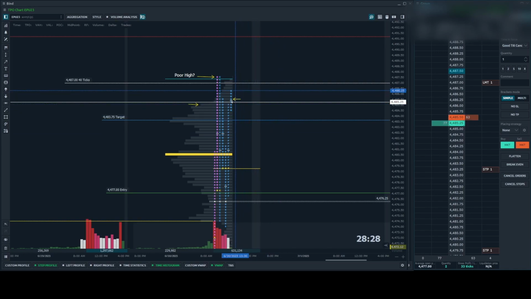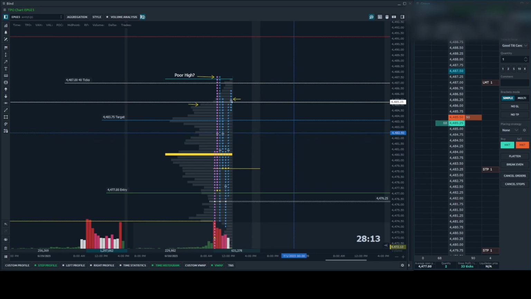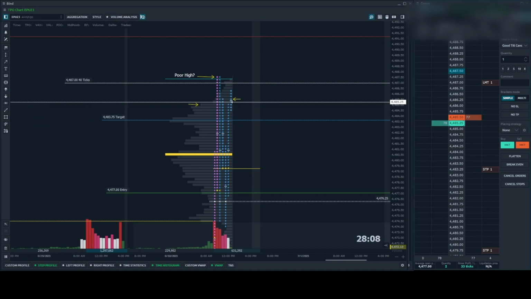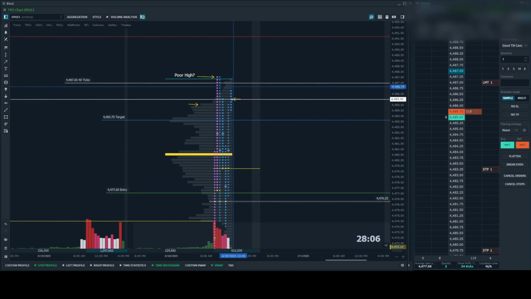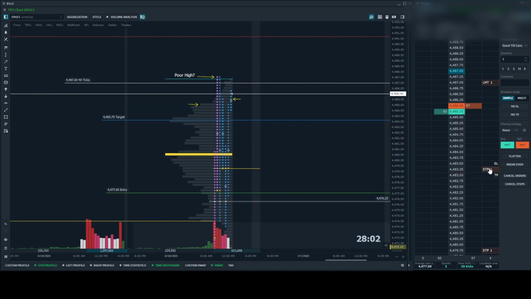So you could have taken it right here. So if this gets up here, in this area, you can move your stop up like this right here.